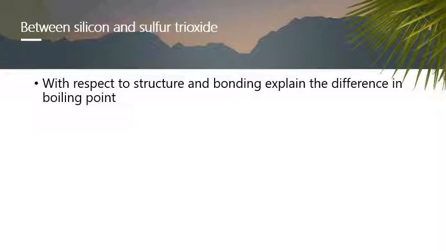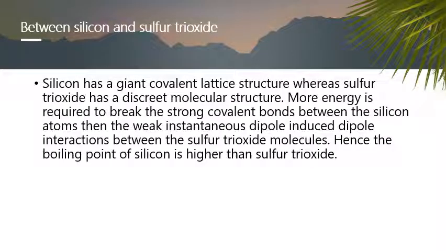What about silicon and sulfur trioxide? Again, pause here and continue when you have finished. Well, silicon has a giant covalent lattice structure. Do not forget it's one of the four. Sulfur trioxide exists as a discrete molecular structure. So in silicon, we have strong covalent bonds between silicon atoms. In sulfur trioxide, we have weak instantaneous dipole-induced dipole.